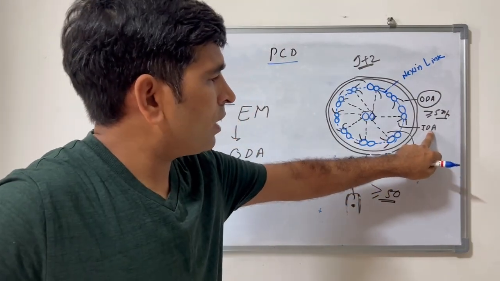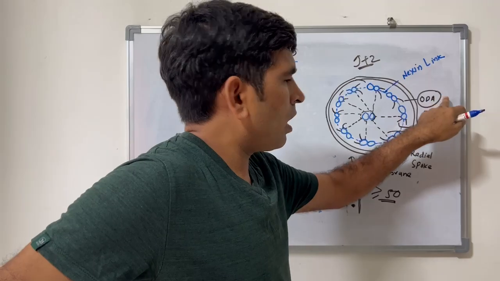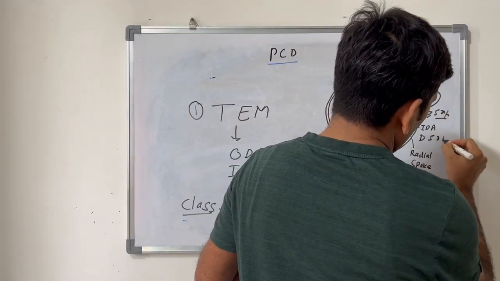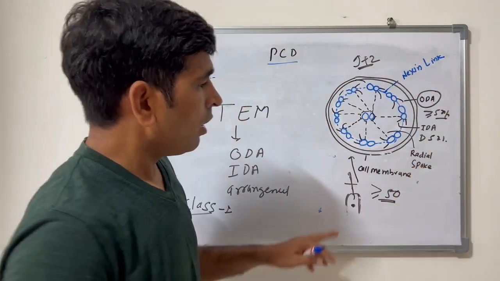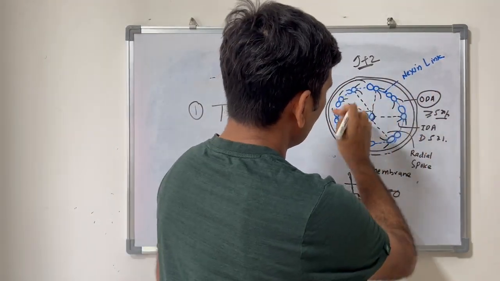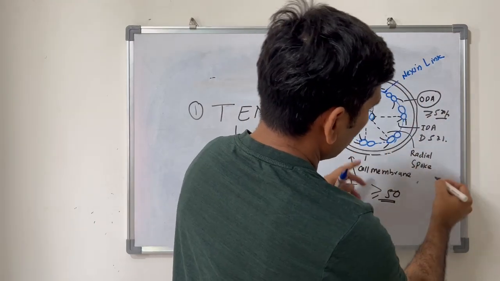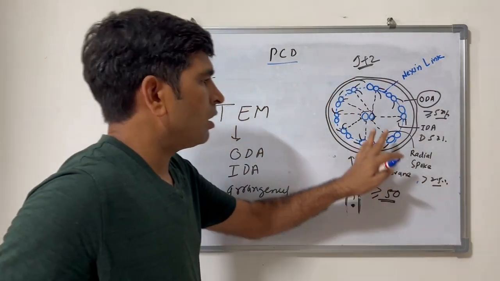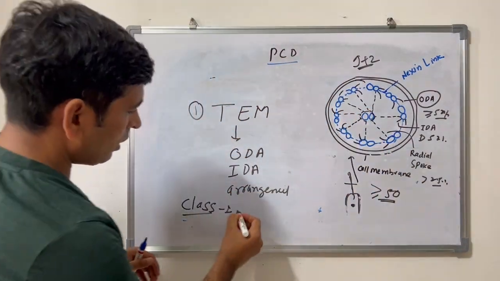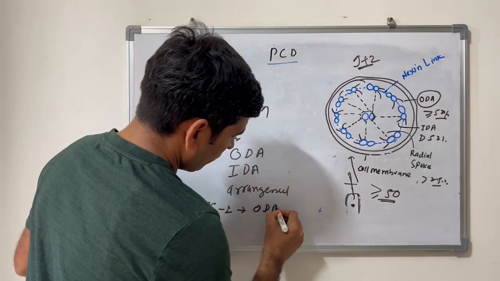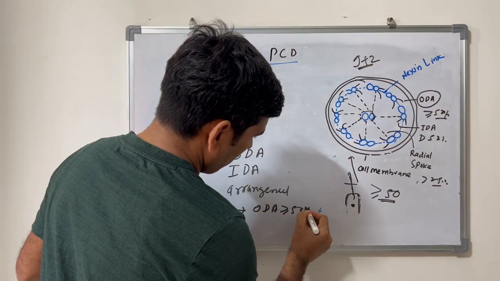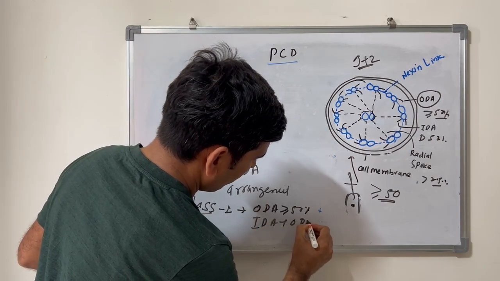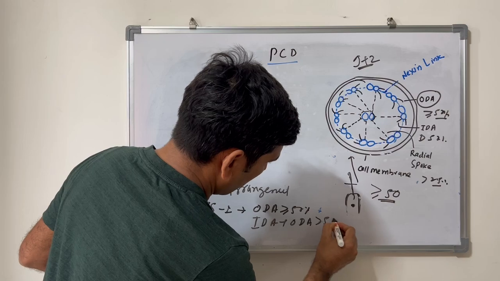Another class 1: a combined outer and inner dynein arm defect in more than 50%.